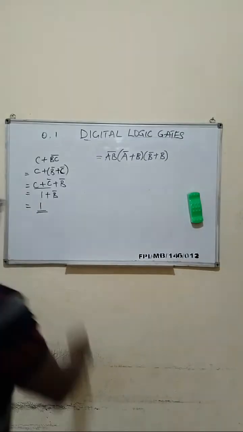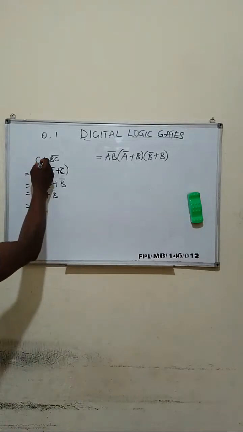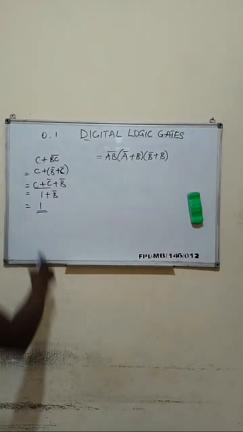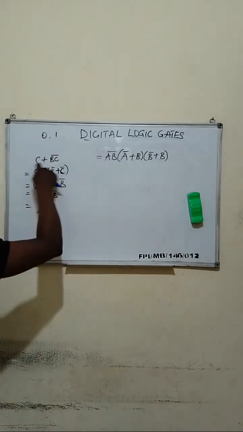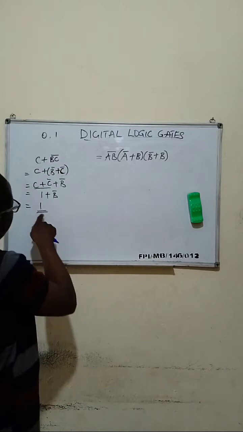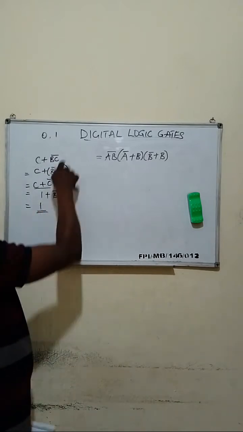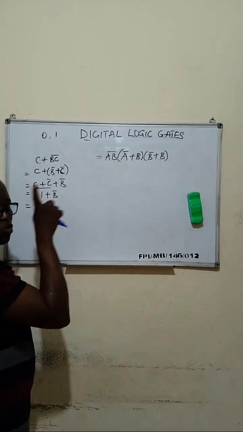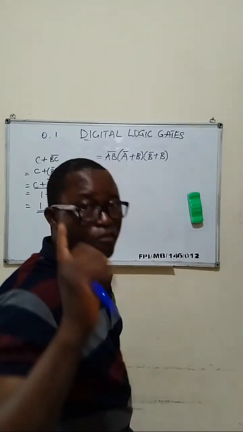For instance, the first example we took here, we simplified this and we got high. It means wherever all this expression is required in the circuit, all these gates are required, the engineer will just neglect all of them and use a high, which is 1. And what is a high? 5 volts.